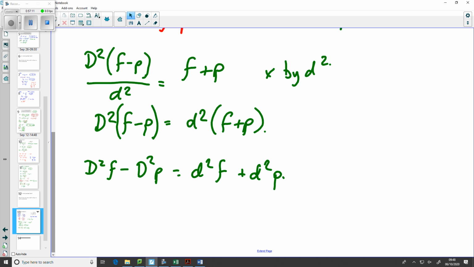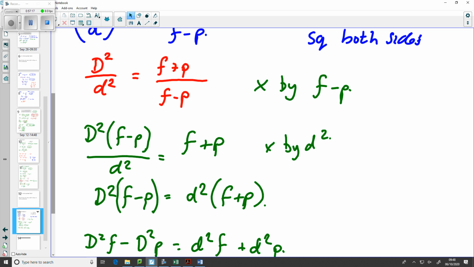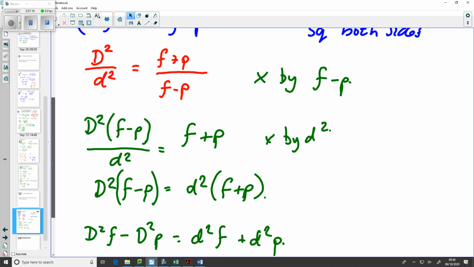If you divide both sides by big D squared, you're moving that D squared back that you had up there in the first place.